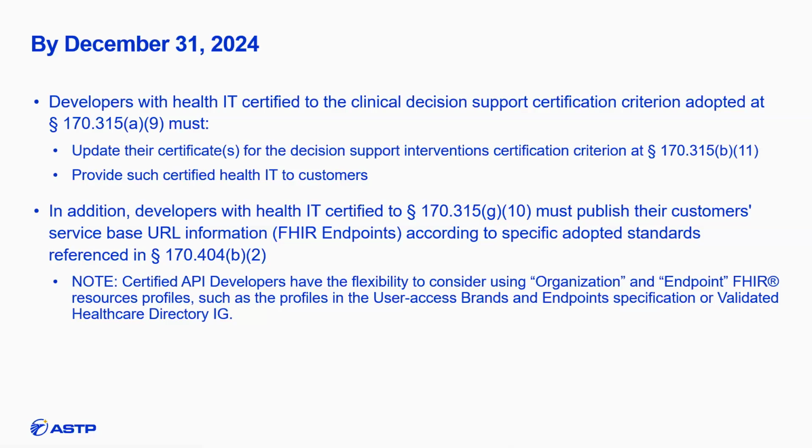I will note that earlier this year we put out a clarification that indicated that developers have the flexibility to continue or to consider using the organization and endpoint FHIR resource profiles, such as the profiles in the user access brands and endpoint specification or validated healthcare directory implementation guides to meet that requirement. So we did want to make sure and highlight that flexibility for all of you.